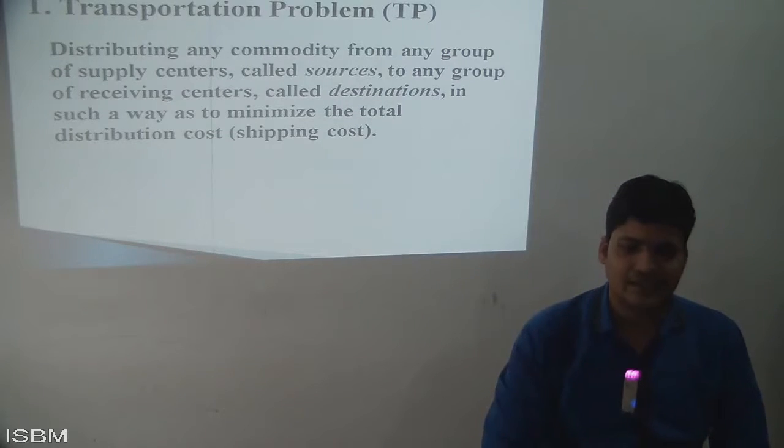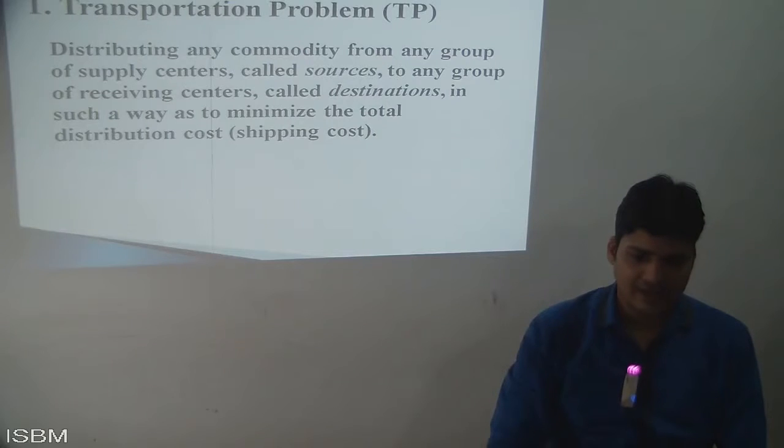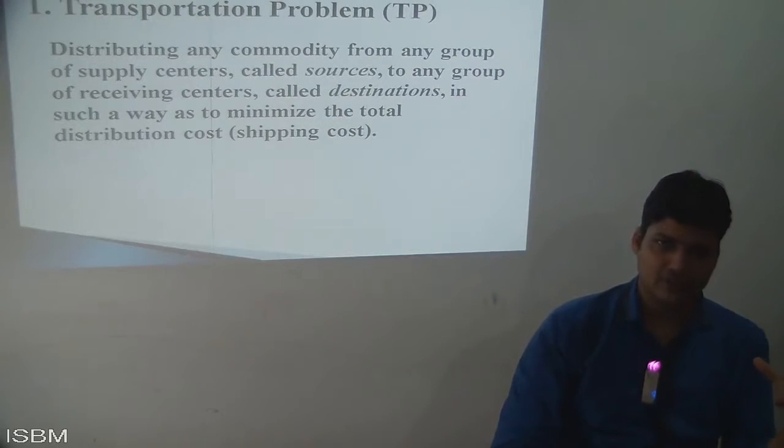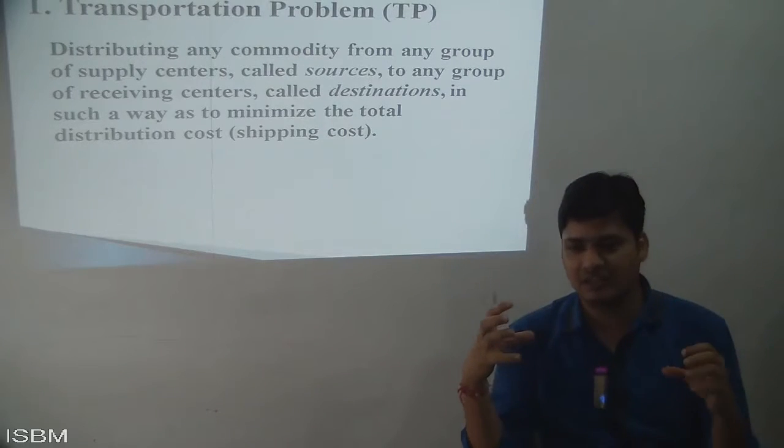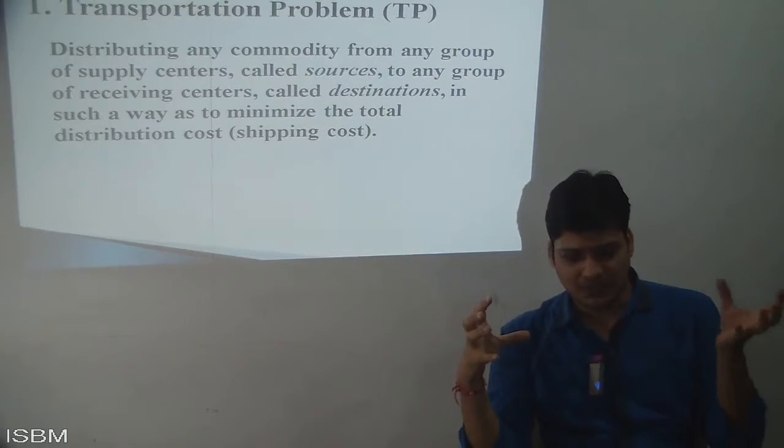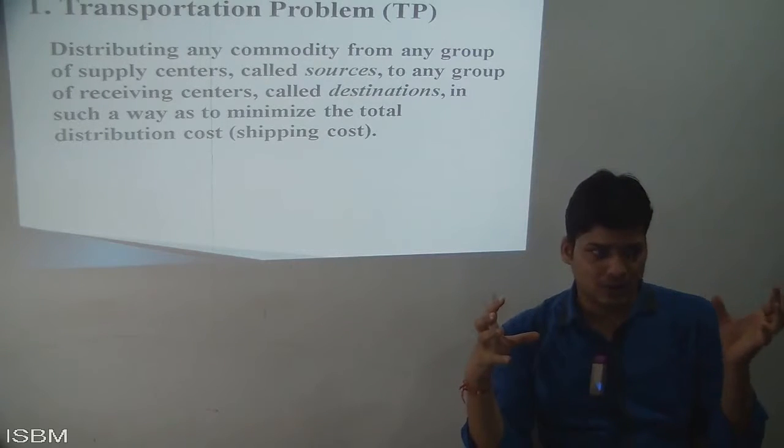So distributing any commodity from any group of supply centers, called sources. There are two things, sources and destinations. From where we are supplying the commodity or goods is called the source, and the destination is where that particular commodity or goods have to reach.